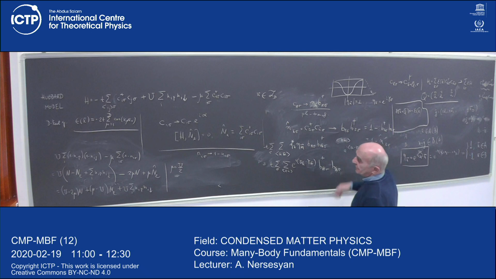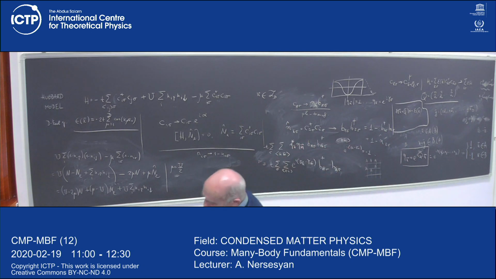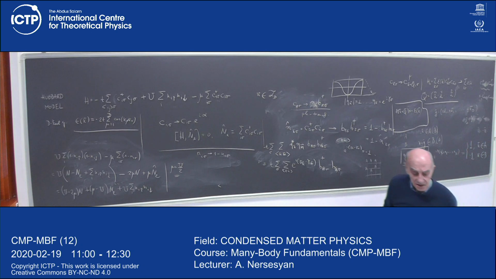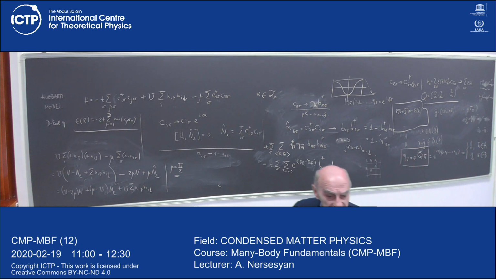Even though what I'm going to tell you will not be a complete picture, it will be a partial picture, I don't know if you had a discussion of the response functions with Professor Kiselov.